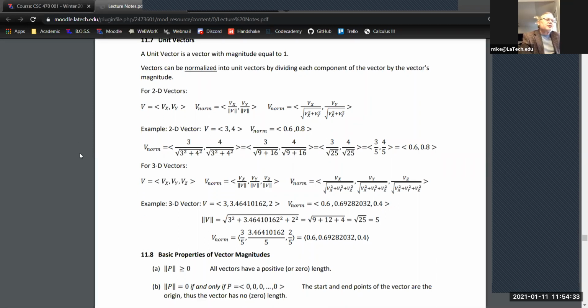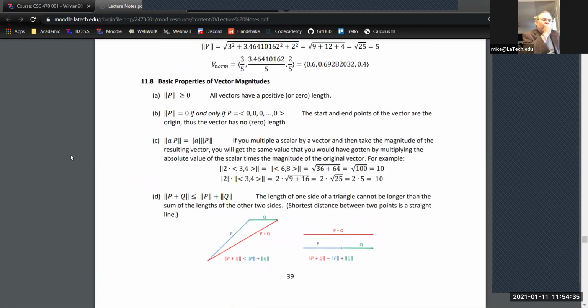Bottom of the page, some more basic properties of vector magnitudes. Well, these make sense if you think about it. The magnitude of vector p is greater than or equal to 0. Why is that? Well, a line segment can't have negative length. What's the shortest line segment you can have?